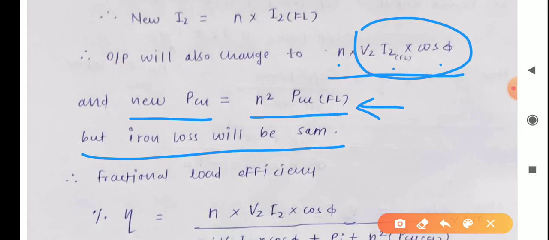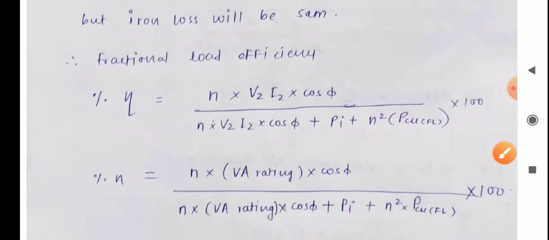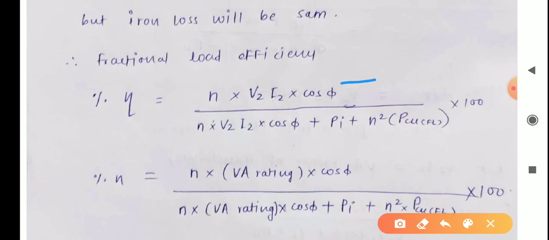Now because of all these changes in the parameters, our fractional load efficiency will be the changed output divided by changed output plus iron loss plus changed copper loss, that is n into V2 I2 cos phi divided by n into V2 I2 cos phi plus iron loss plus n square times the full load copper loss, whole multiplied by 100 to get the percent efficiency.